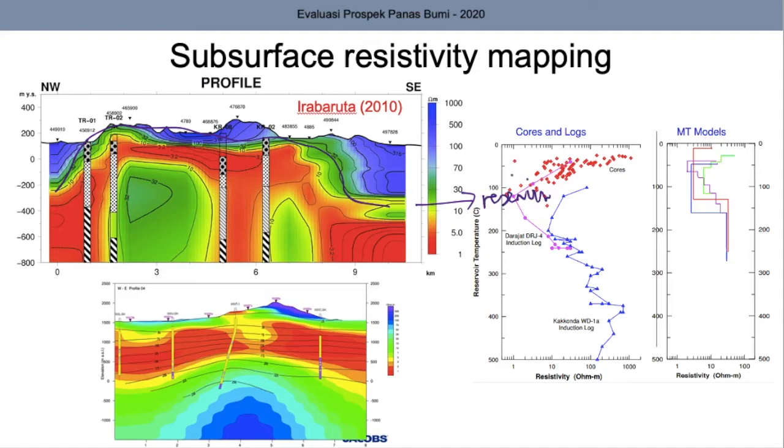By understanding where the BOC, also known as base of conductor, lies, such as in this case, we can then determine the location or the depth of the reservoir. Therefore, sometimes in geophysical investigations, understanding where the BOC lies is the key to a successful investigation.